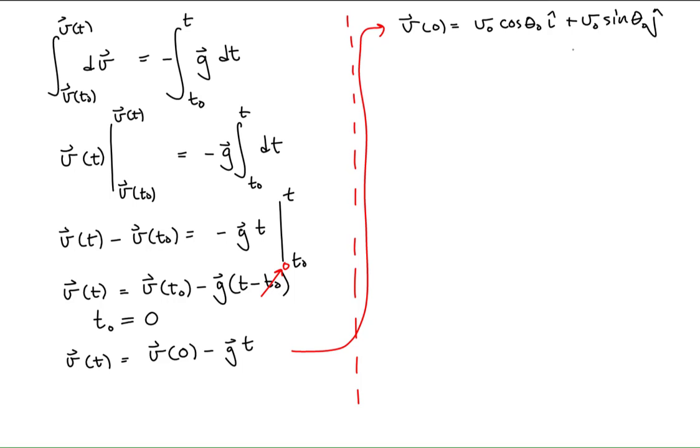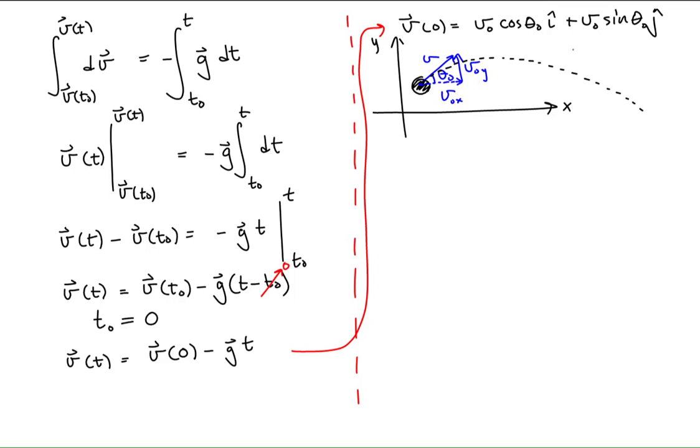What that means is that our object was given an initial velocity that has an x component and a y component projected at some initial angle above the horizontal. And we know that object is going to follow a parabolic trajectory, at least from our experience. This problem will hopefully confirm that when we solve it.